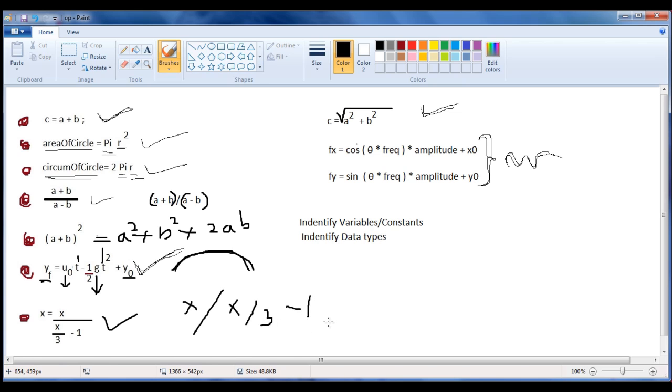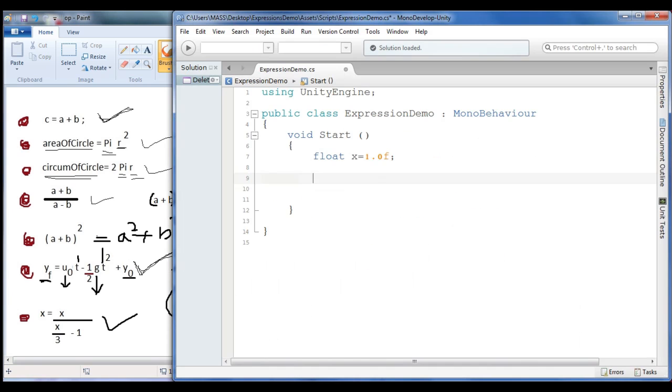This is wrong. What we know is that the numerator has to be evaluated individually, and the denominator has to be evaluated individually. Out of this, x divided by 3 has to be evaluated individually, then minus 1 we will be doing. Now how do we write that in code? x is equal to x divided by, bracket, one more bracket, x divided by 3 minus 1.